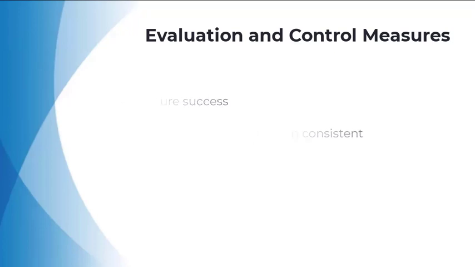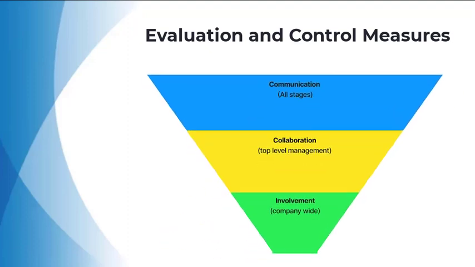And I suppose with any change management initiative, how you communicate, how you get involvement, and how you collaborate will be key to managing any forms of resistance that you might deal with throughout your transformation journey. I have created a video around managing resistance to change, so I would advise you to also check that video out as well if you're going through this type of project.